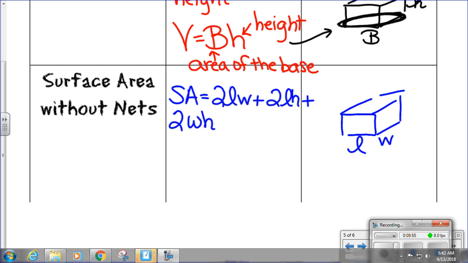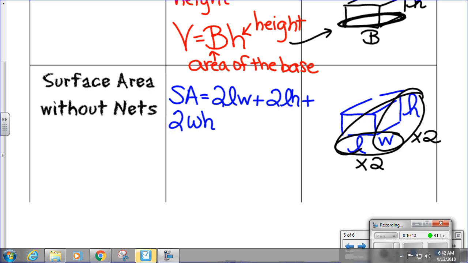You have your length, your width, and your height on your three-dimensional rectangular prism. You're going to multiply the length times width, multiply the answer by 2. You're going to multiply the width times height, multiply your answer by 2. You're going to multiply the length times height, multiply your answer times 2. And the last thing you will do is add up all of those answers.